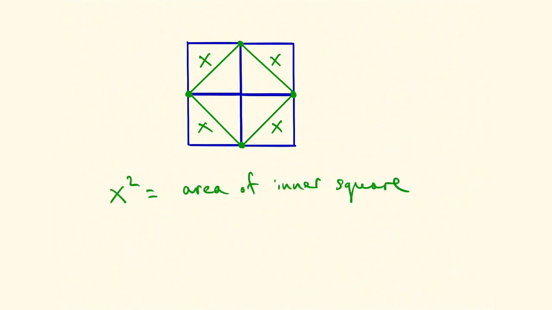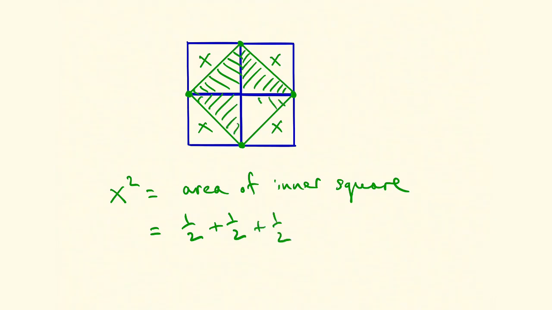Okay, now I can count the area by adding up the areas of certain triangles in this diagram. If I shade that triangle, then that has area which is a half of a unit square. Then I add the area of this triangle, another half, the area of this triangle, and the area of this triangle.